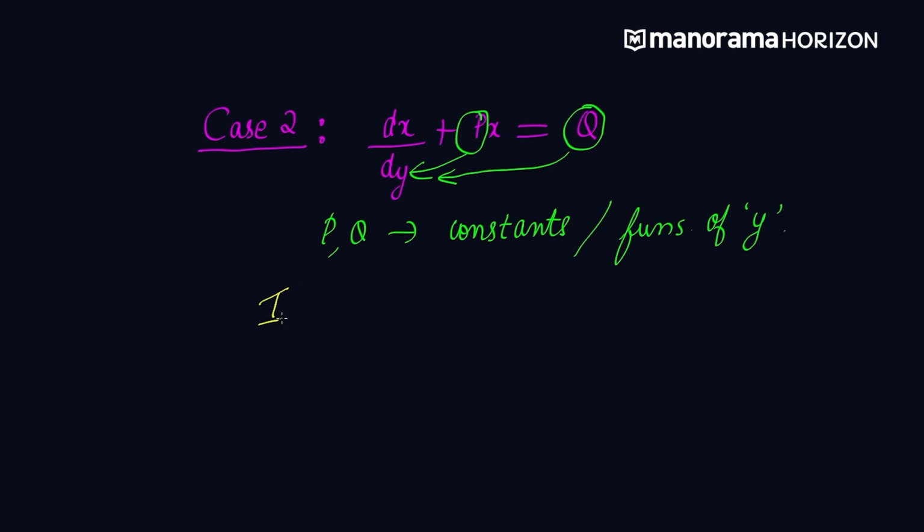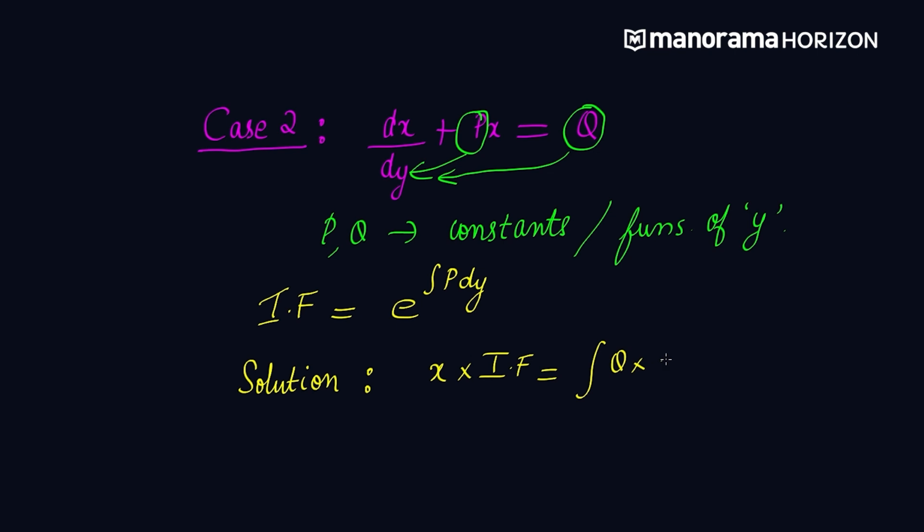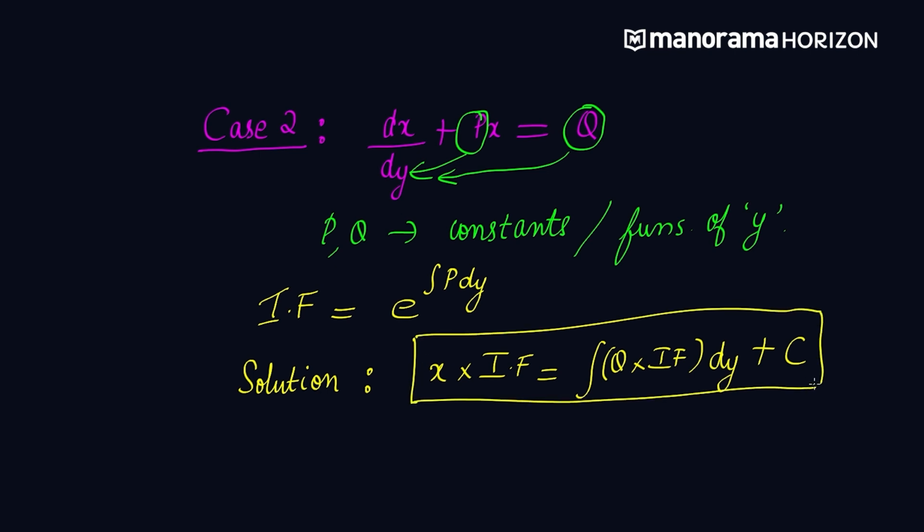So the integrating factor in this case will be e raised to integral p with respect to y dy, and the solution of the differential equation is given by x into integrating factor is equal to integral q into integrating factor into dy plus c. This is the solution of the differential equation of the form dx by dy plus px is equal to q.